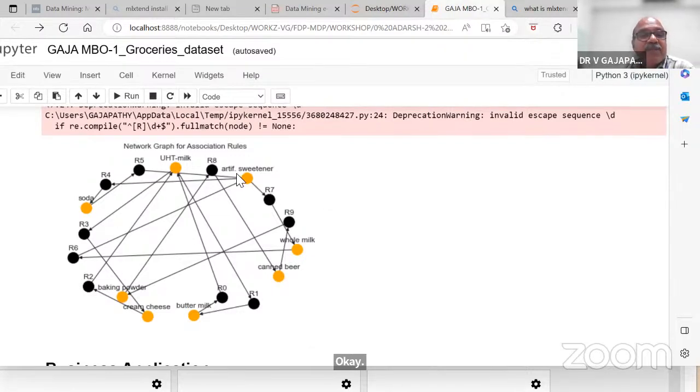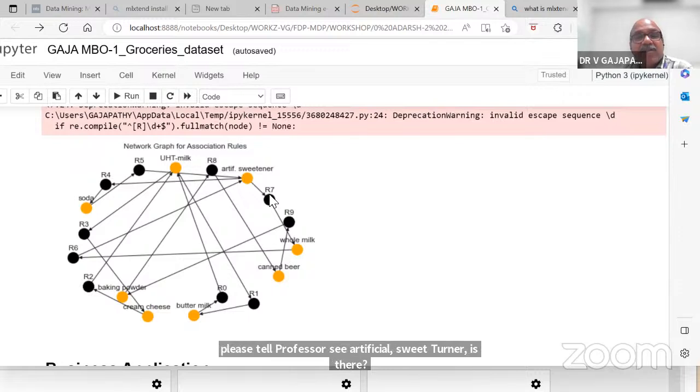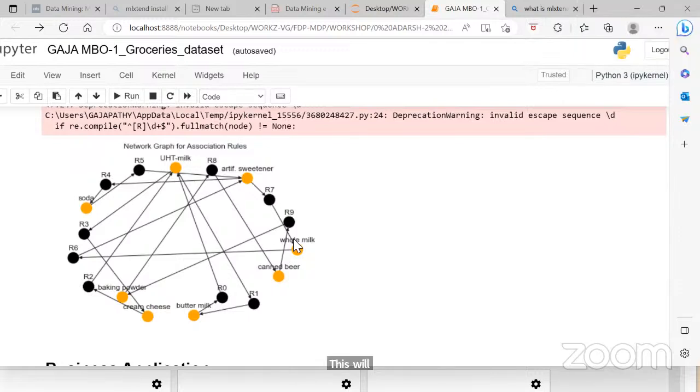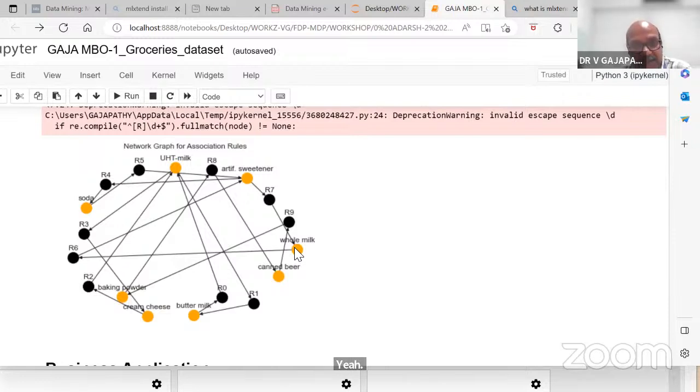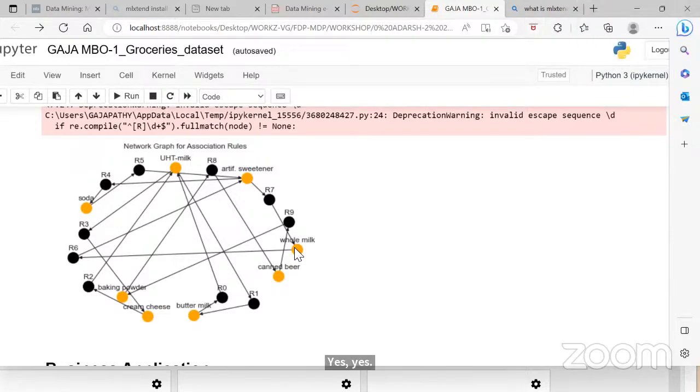Artificial sweetener will be purchased first, then R7, and then whole milk. Anybody buying whole milk will use it for making a beverage, tea or coffee. Naturally, they need the artificial sweetener.